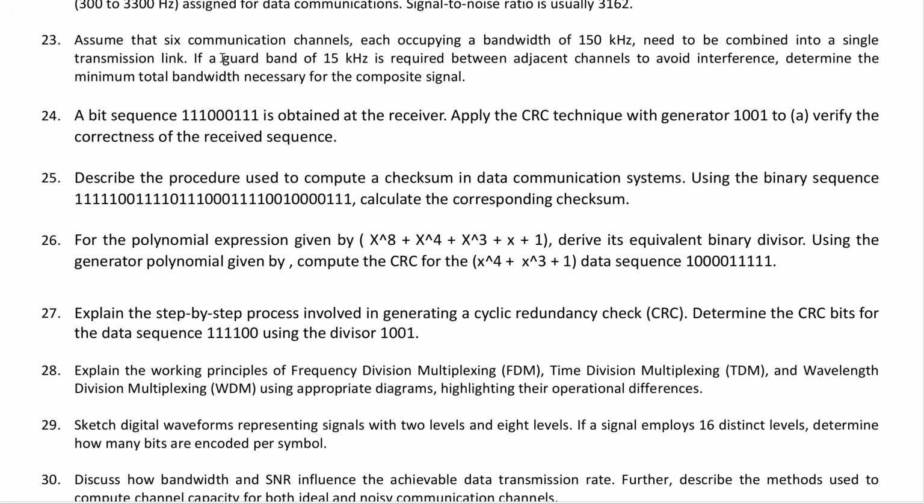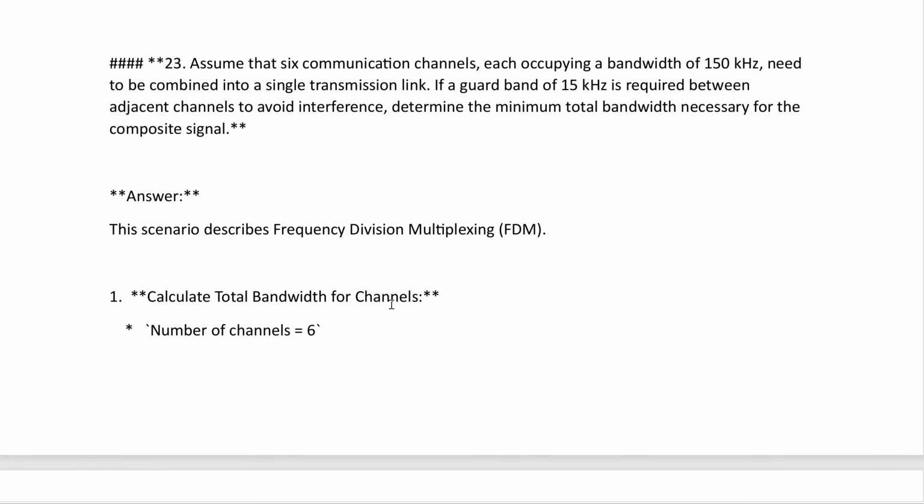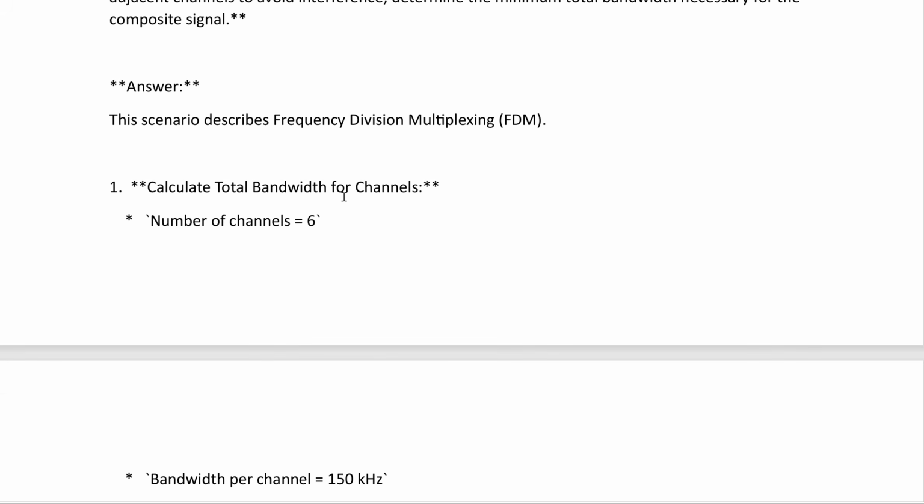So we have been given a guard band of 15 kilohertz and a bandwidth of 150 kilohertz. This scenario describes frequency division multiplexing, or FDM. First, we have to calculate the total bandwidth for the channels.